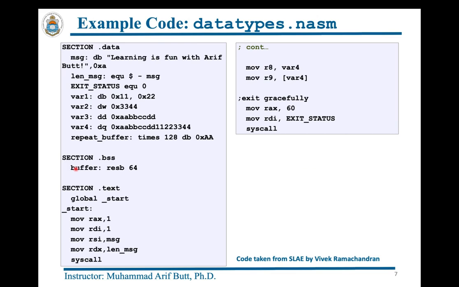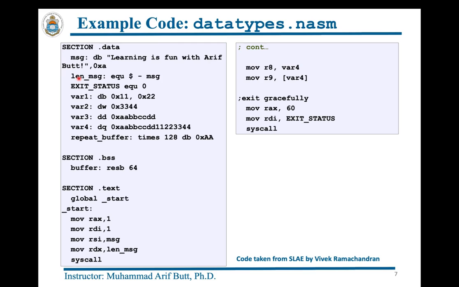Okay, so here is the sample code that I'm going to use to practically understand the concepts discussed so far in today's session. And let us first see what all variables we have created in the data section. Well, this MSG is a byte variable containing a string of characters, Learning is fun with Arif, but with a new line character at the end.